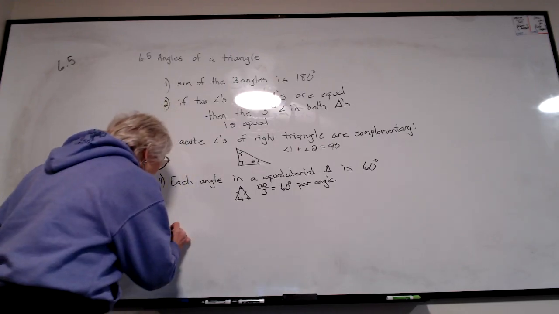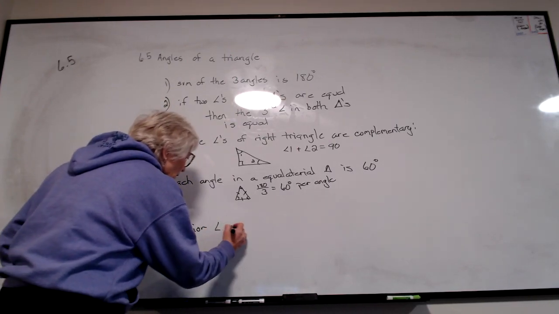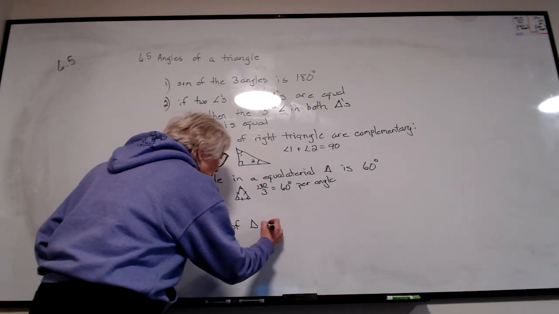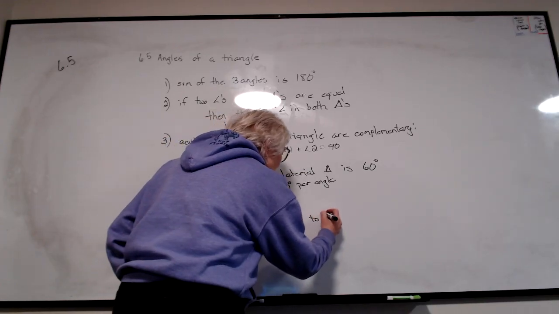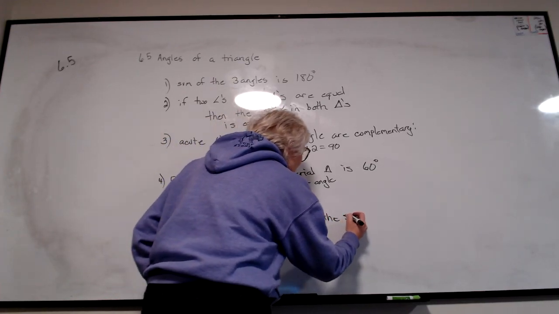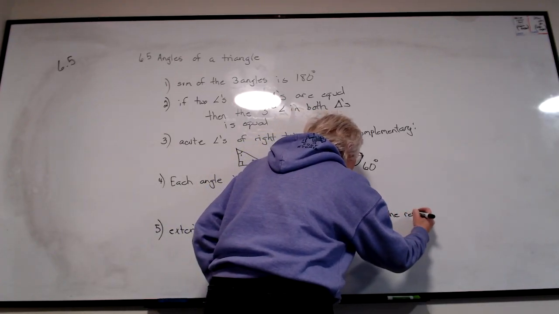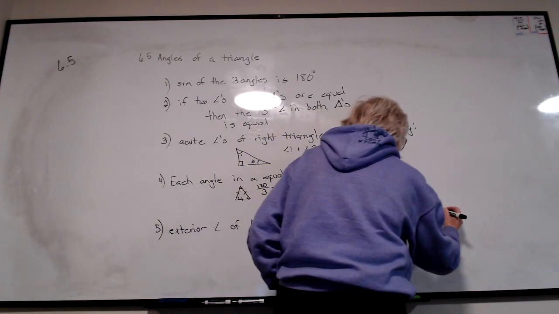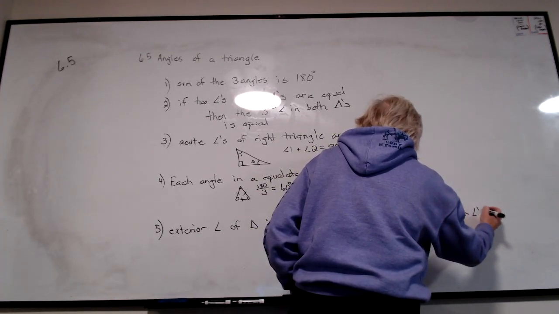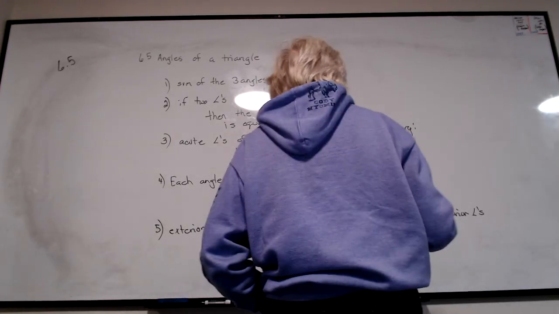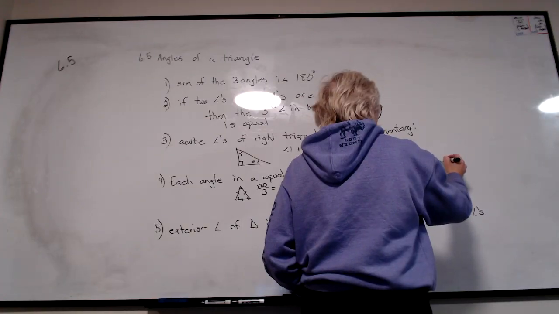An exterior angle of a triangle is equal to the sum of the remote interiors. Okay, so we're going to draw a little picture here. So here is our picture.